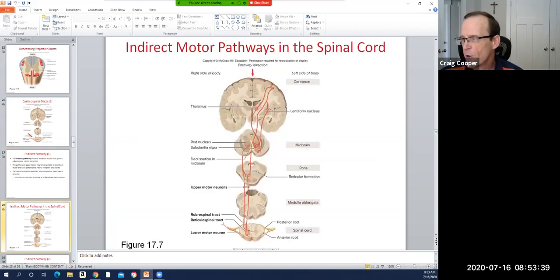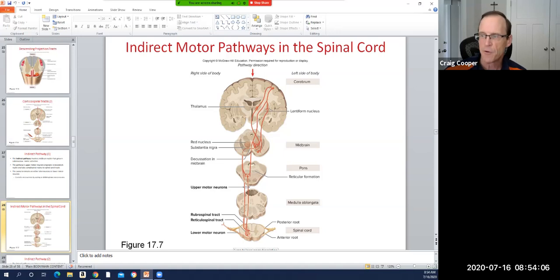All right, so here's some of our indirect pathways. Again, coming from the cerebrum, we do have some extra nuclei involved here. You can see that in this case, there's probably close to half a dozen, maybe 4 or 5 different neurons involved. And so that's where the name indirect comes from. It's not that direct, this neuron sends the message to this neuron, and then that distal neuron sends the message out to the body.